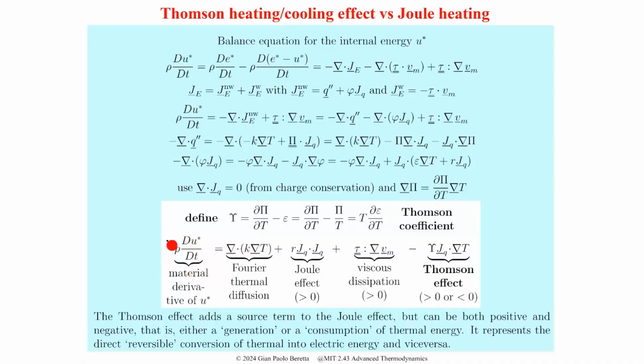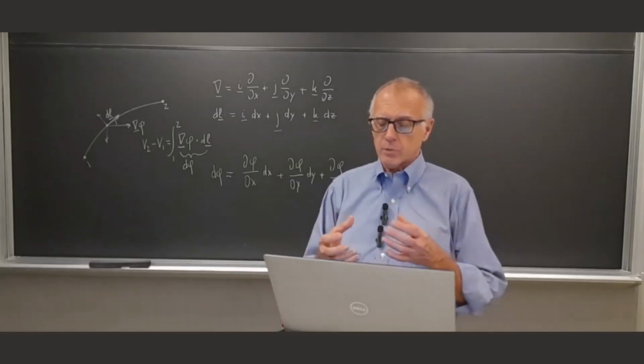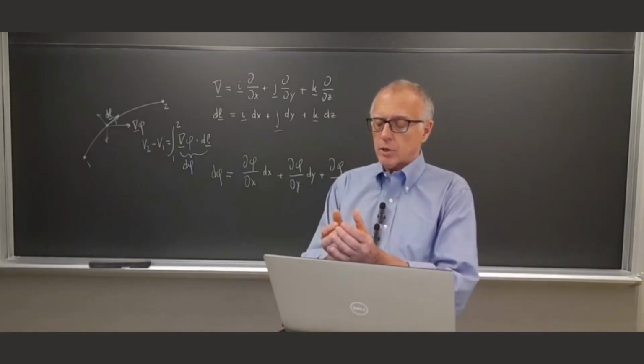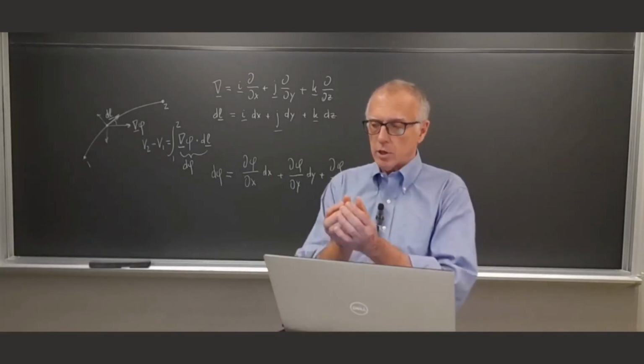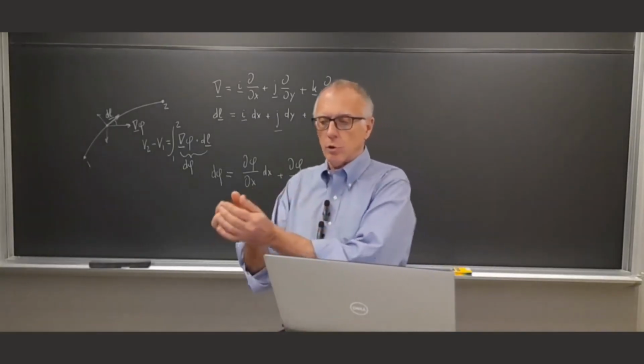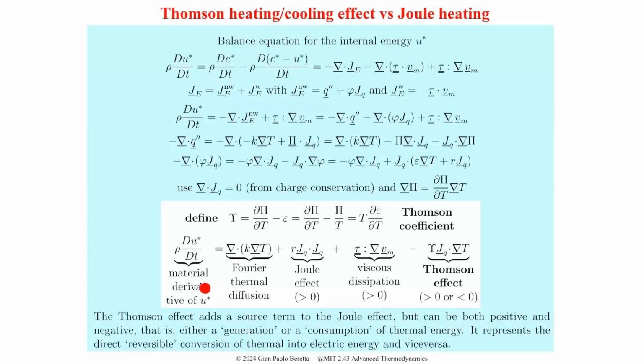So on the left-hand side of the balance equation, you have the material derivative of the internal energy of your fluid element. So that's the internal energy, that part of the energy of the fluid elements as you follow its motion. That gets changed by what? By heat diffusion. This is Fourier thermal diffusion.